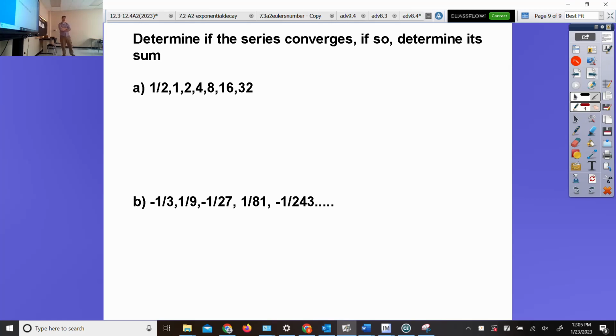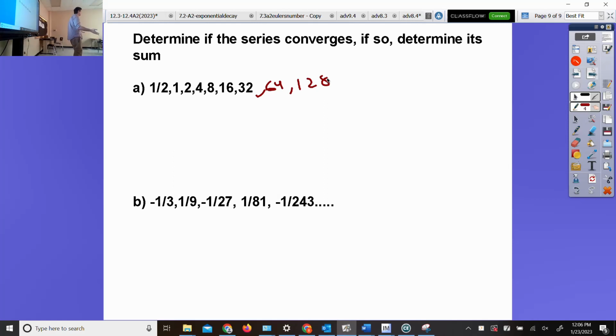Wouldn't add to infinity. So you got 2 examples. It says up top, determine if the series converges. If so, determine its sum. First series you're given. Is it converging on 0? No, it's growing. It's 64, 128, and so forth. There is no way you could add up an infinite number of things here and get anything, is there? It just keeps growing and growing.